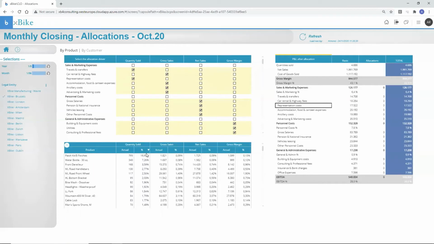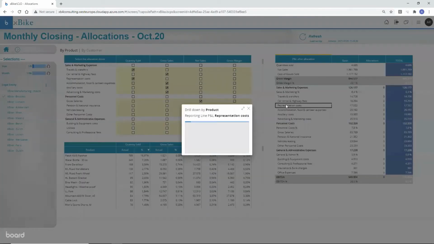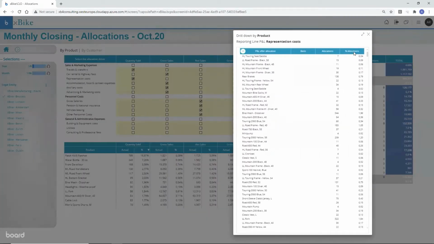If I sort here on the percentages, I go back in my drill down. I sort here on the percentages. You can see that these are the same products using the same percentages, 16.97% on this product. And this is also the product which gets most of the representation costs. Why?